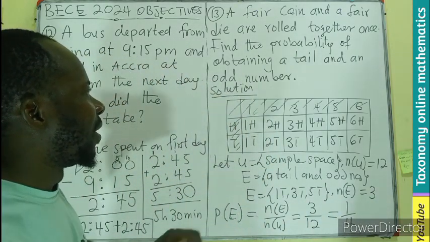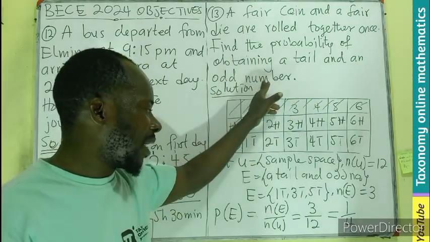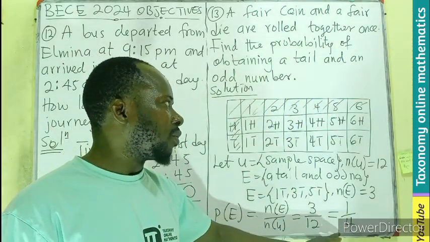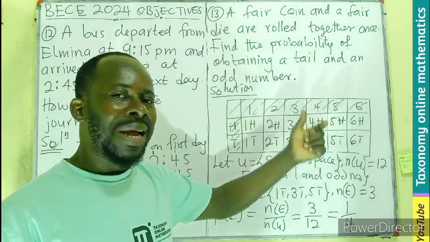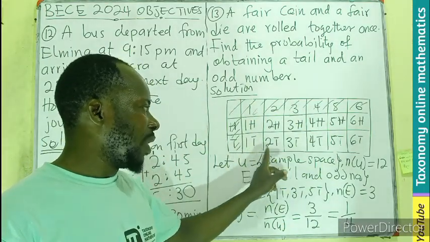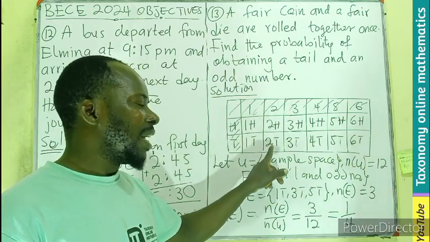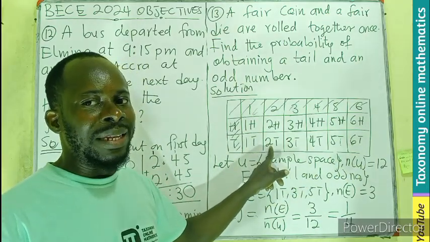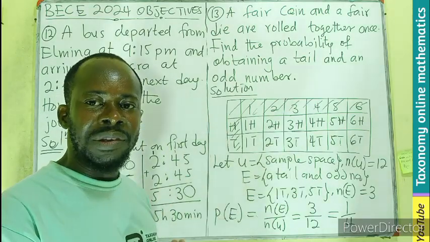So now the probability of obtaining a tail and an odd number is going to be 1 out of 4. Knowing very well that we have 1, 2, 3 as odd numbers, then picking the tail attached to it, because this is going to be an even number and a tail, that will not be in this set. I'm sure the concept is clear.